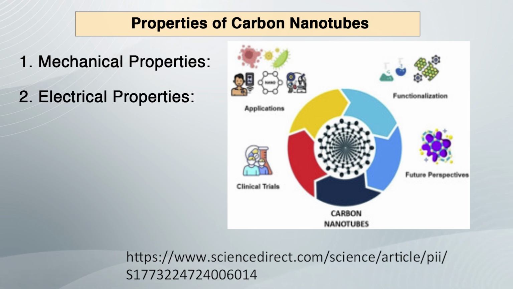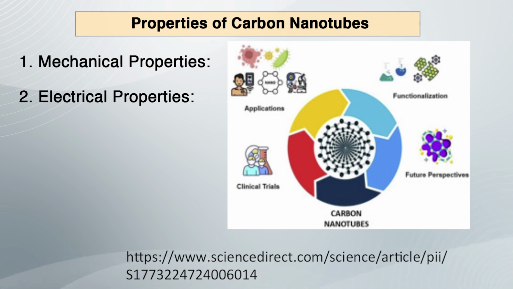Second one is electrical properties. The electrical properties of carbon nanotubes are highly dependent on their chirality and diameter, which affect their electronic band structure. Carbon nanotubes can be categorized into metallic or semiconducting types based on their chirality.